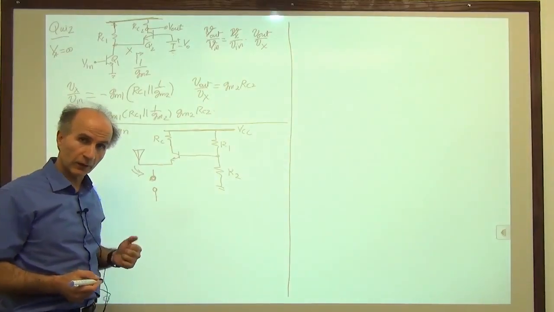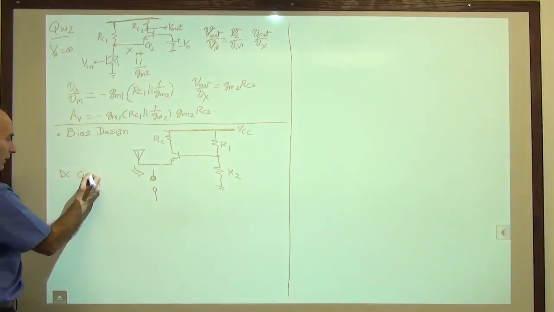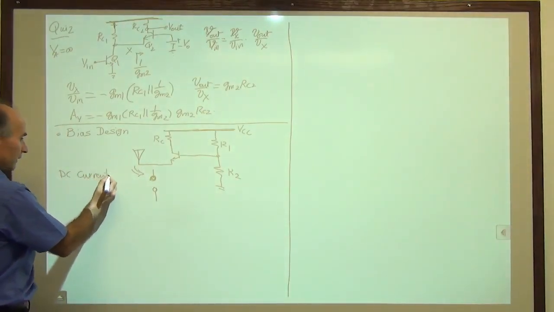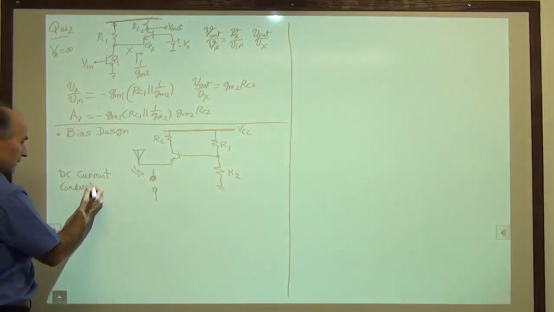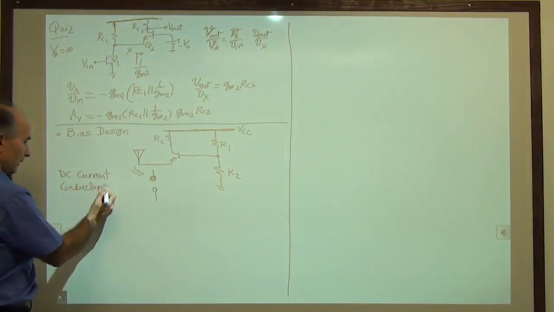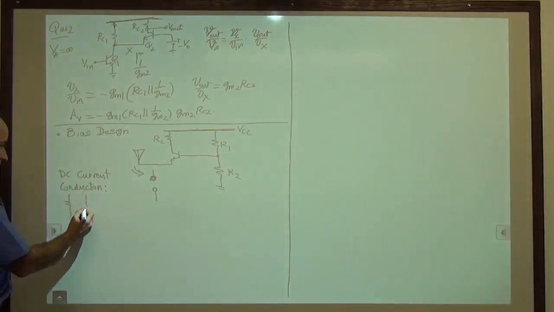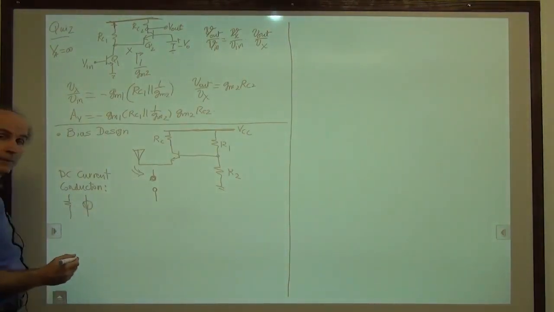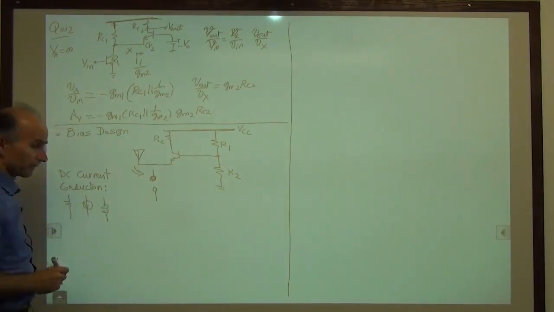What 2-terminal devices do we know? So DC current conduction is possible by resistors, current sources, and inductors, as you might remember.